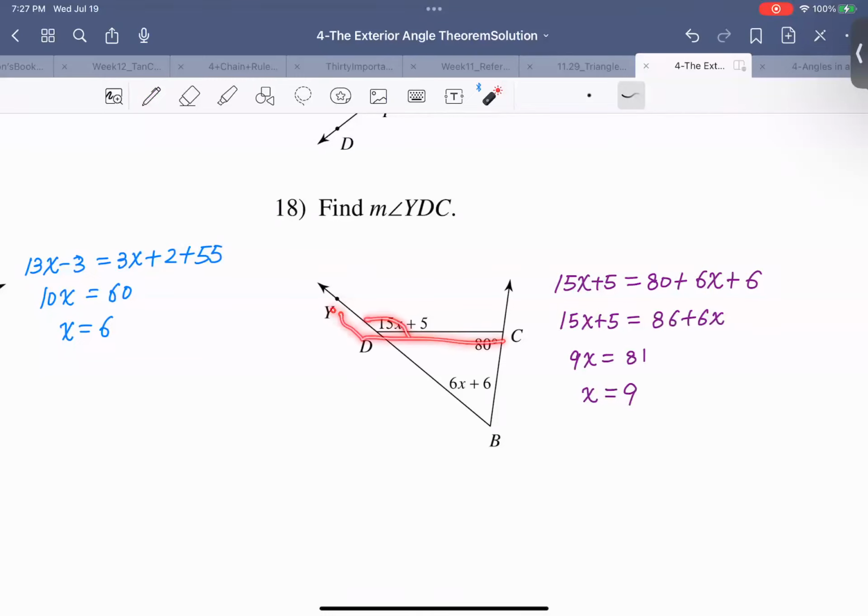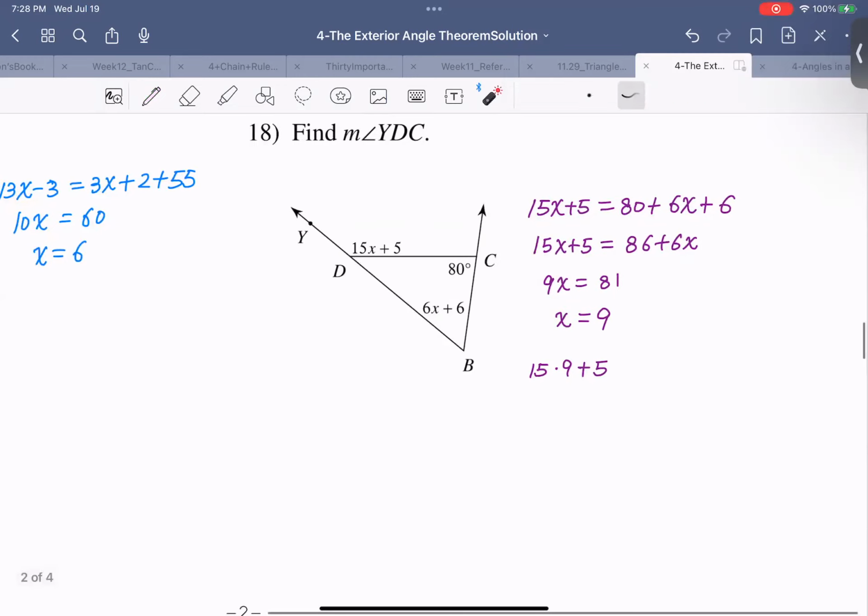And then we will put back to get the angle. Let's plug in. 15 times 9 plus 5. Look, you can just do this multiplication, or you can just take out the 5. This is 5 times 15 over 5 is 3. So 3 times 9 is 27 plus 1, right?